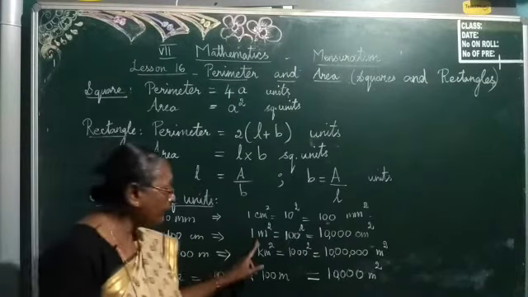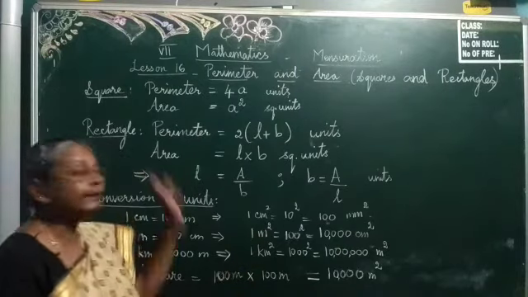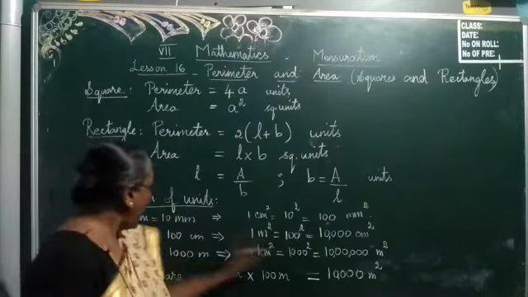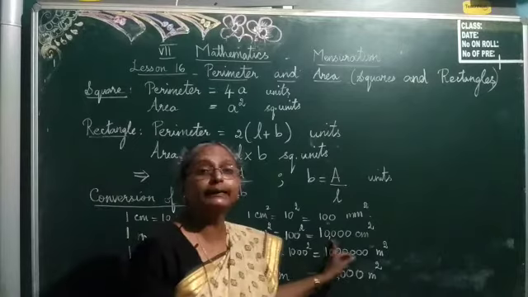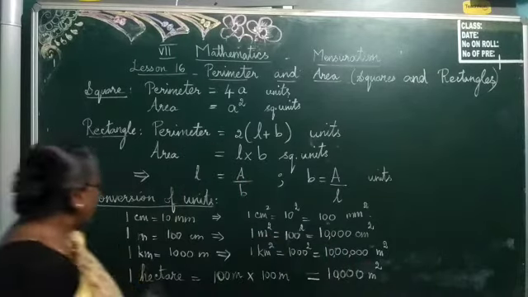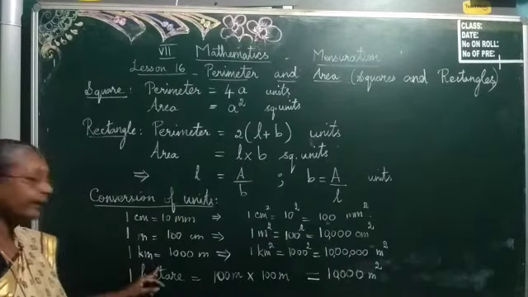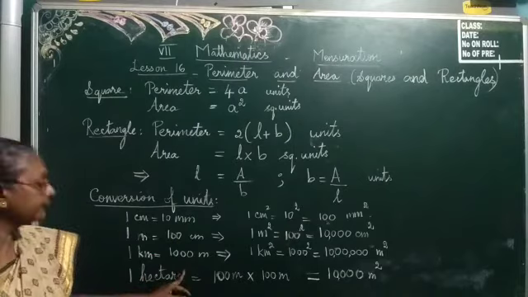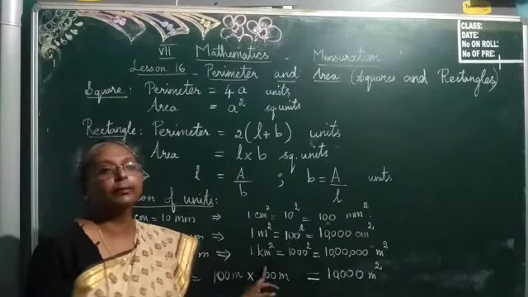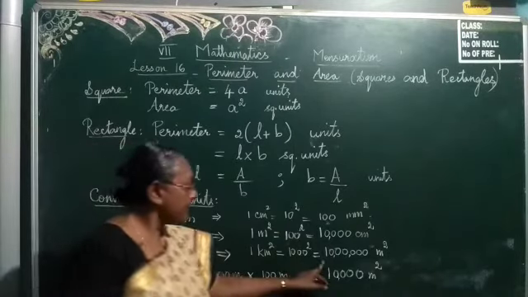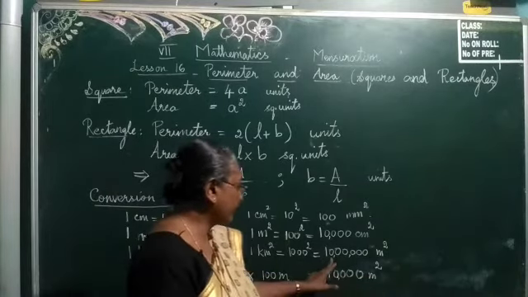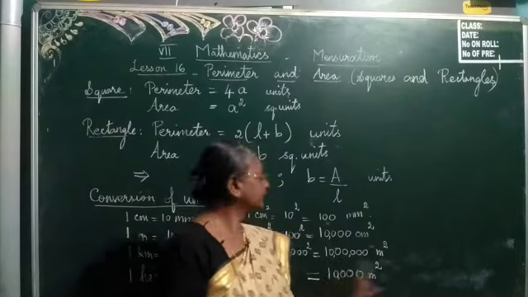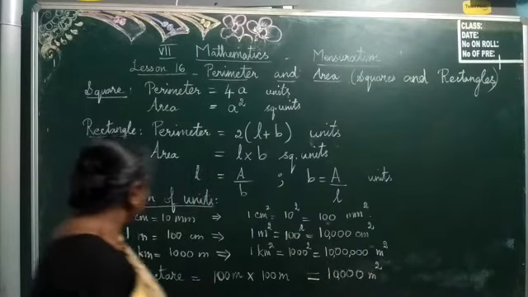Then if you want to convert 1 meter square into centimeter square, it will be 100 into 100. Similarly, for kilometer square to meter square, it is 1 followed by 6 zeros, and therefore it will become 10 lakhs meter square.